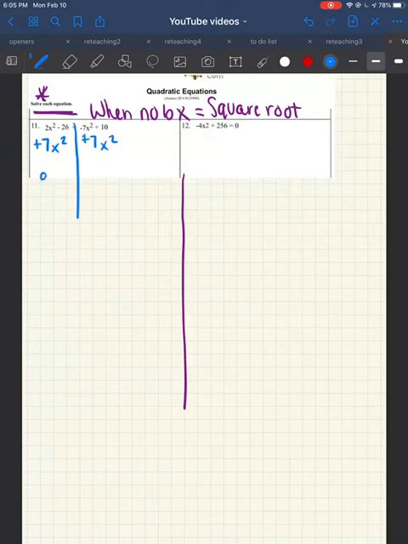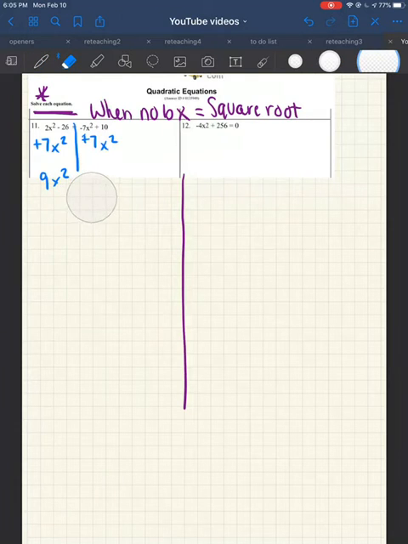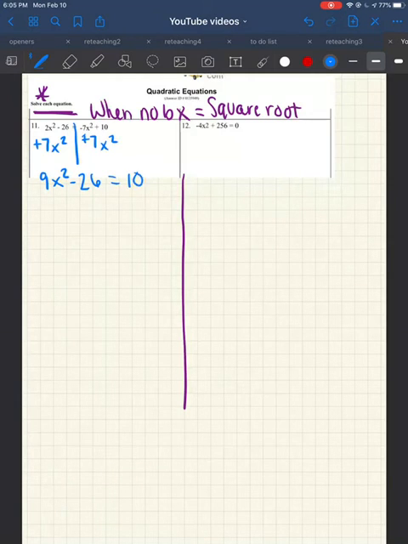Okay, I'll get 9x squared here, and I'm going to bring that there. Minus 26 equals 10. Okay, what I want to do then is add 26 to get it to the other side.